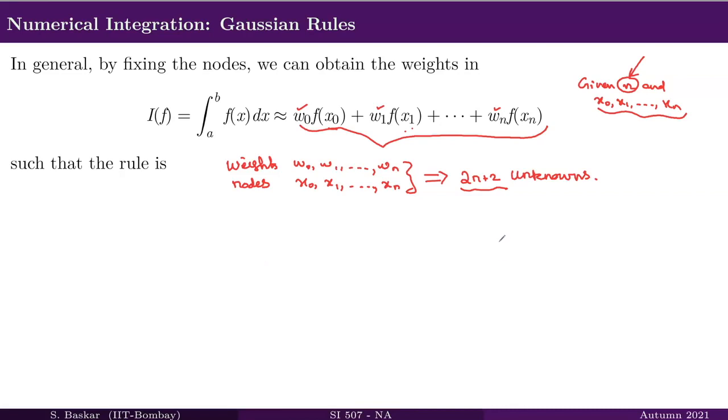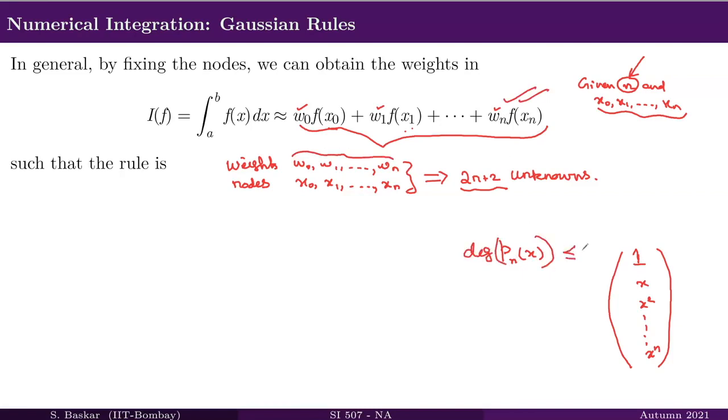Because if you have a polynomial of degree less than or equal to n, then you have n plus 1 generating elements, namely 1, x, x square up to x^n, right? So you have n plus 1 elements and you had n plus 1 unknowns, and that is why we assumed that the quadrature rule is exact for polynomials of degree less than or equal to n.